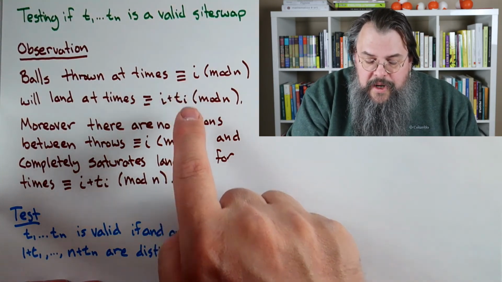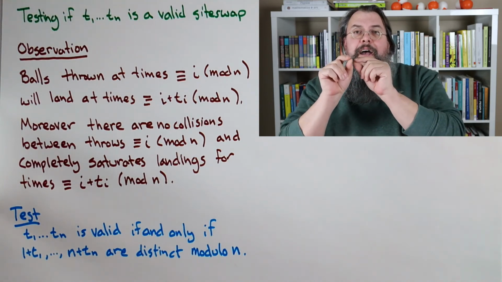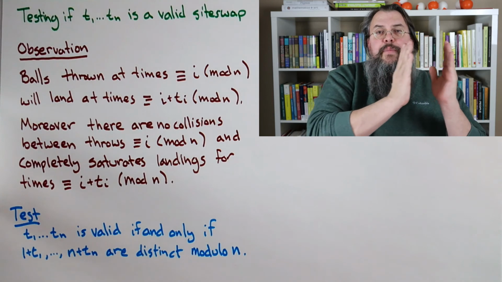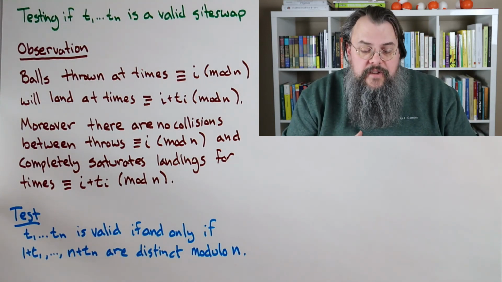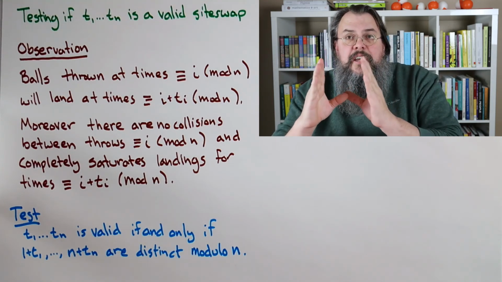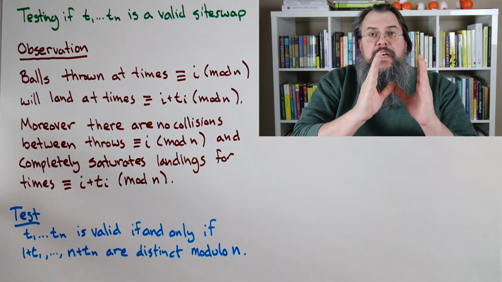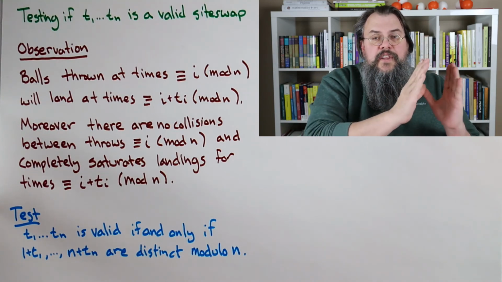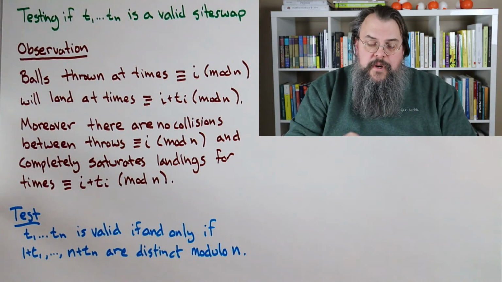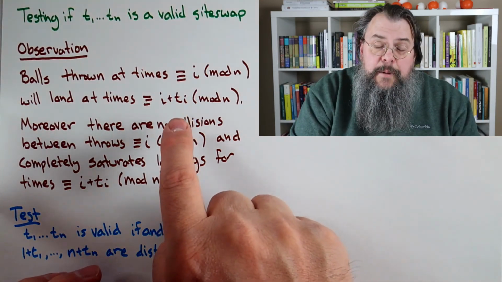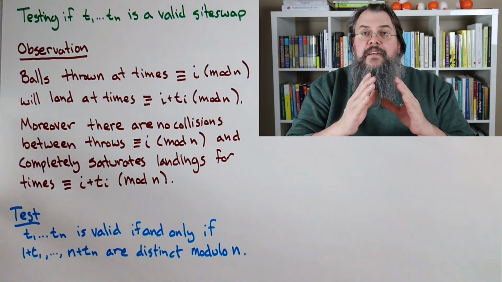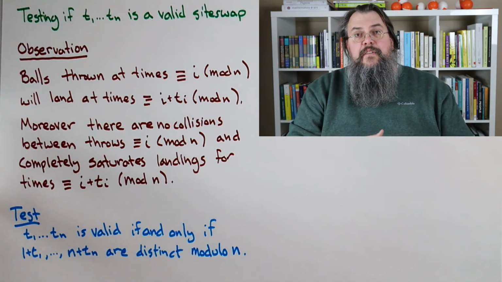So what we want to do is say, hey, look, at one beat, I know what's happening. But because I'm repeating this pattern every n beats, I'm allowed to say, if I know what happens here, I can shift everything by n to the next block. And I can shift everything by n to the next block. What will happen? Well, because I'm making the same type of throw, all I've done is offset my starting time by some multiple of n, then the ending time will be offset by some multiple of n.